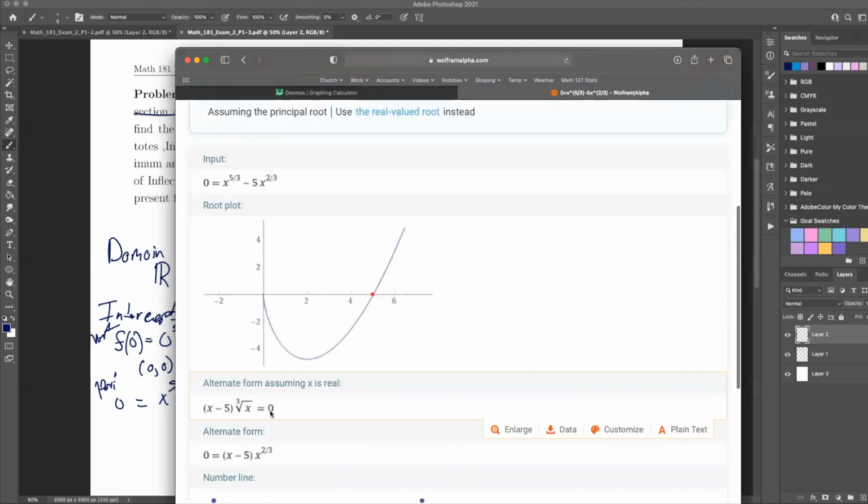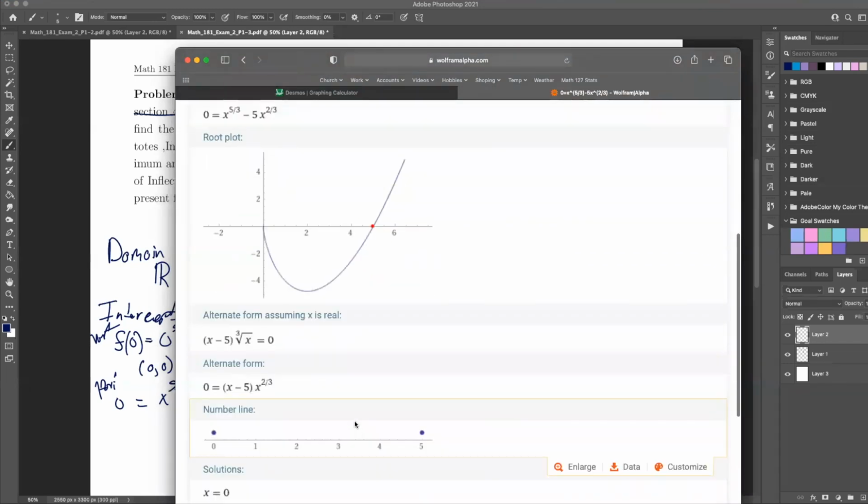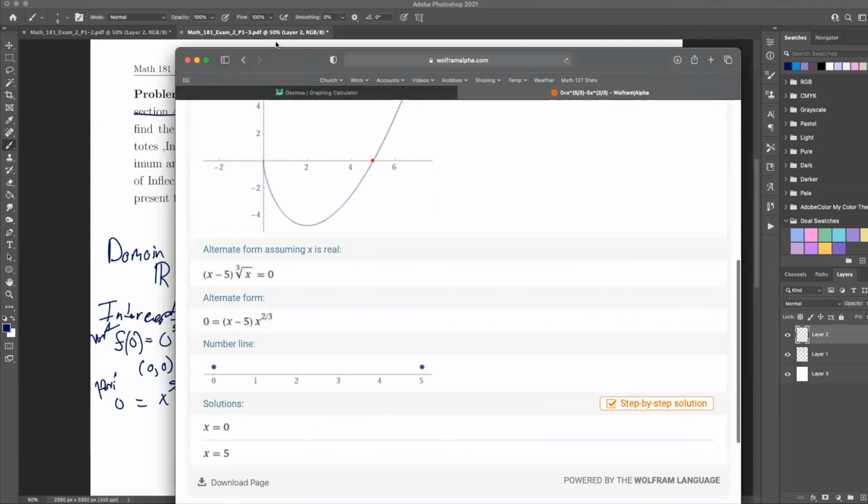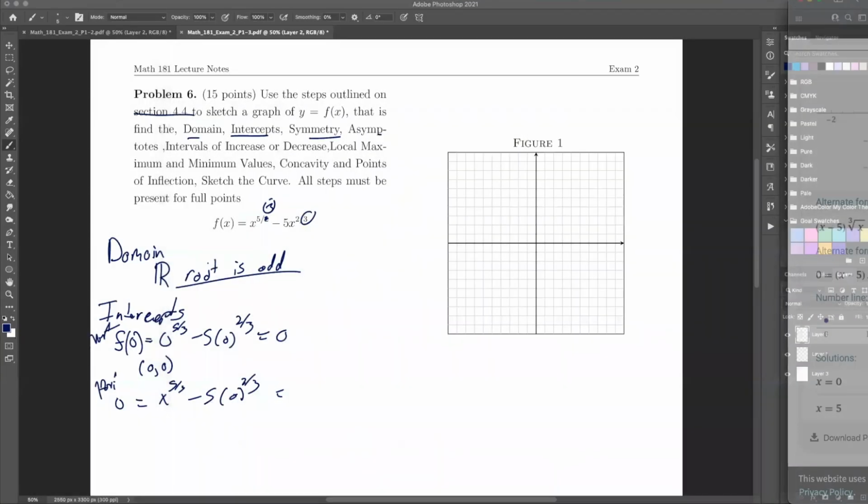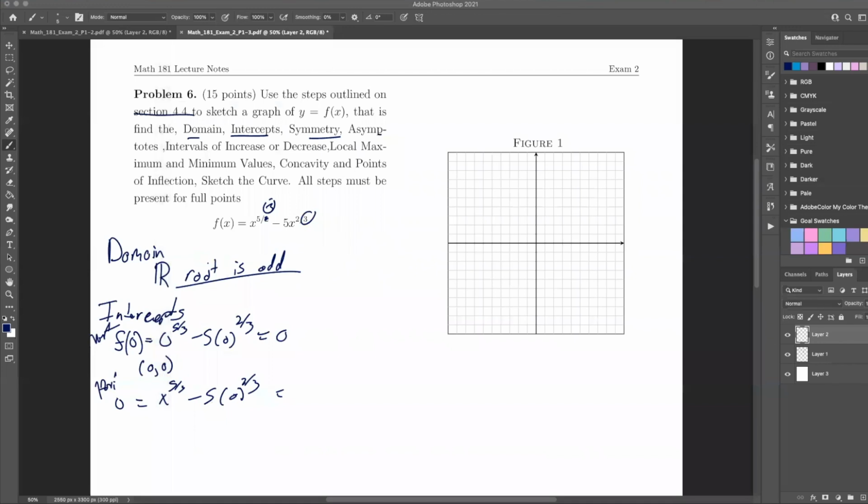So we have 0 and 5. So this implies x is either 0 or 5. And so we get the two intercepts of (0, 0), which is the same one as before, and then the other intercept of (5, 0).